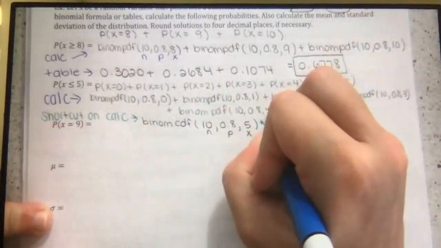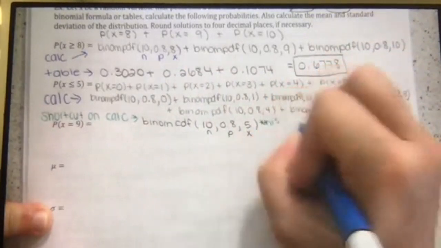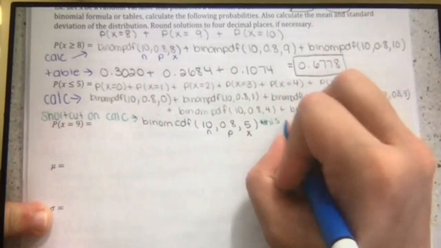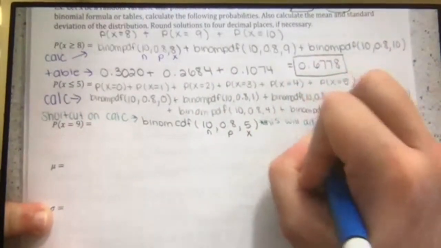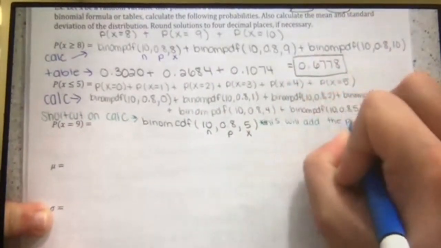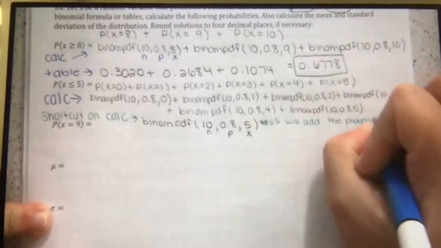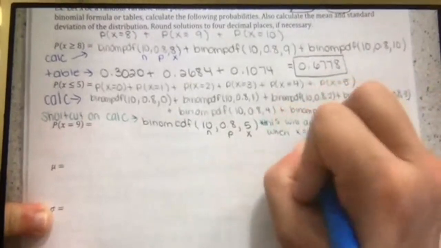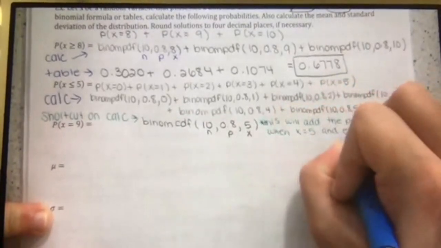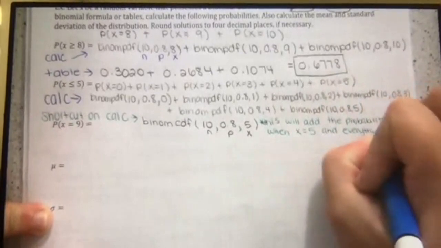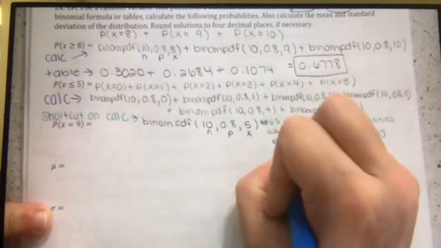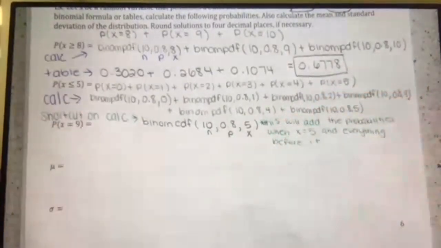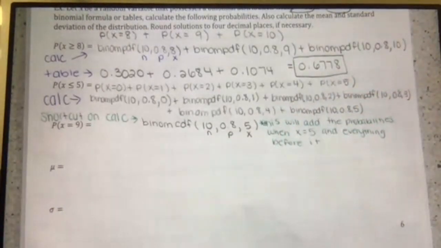So this will add the probabilities when x equals 5 and everything before it. So CDF will give you the cumulative, which means it'll give you 5, and add everything before it.